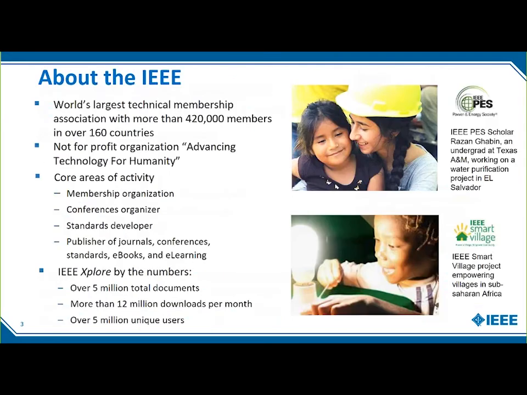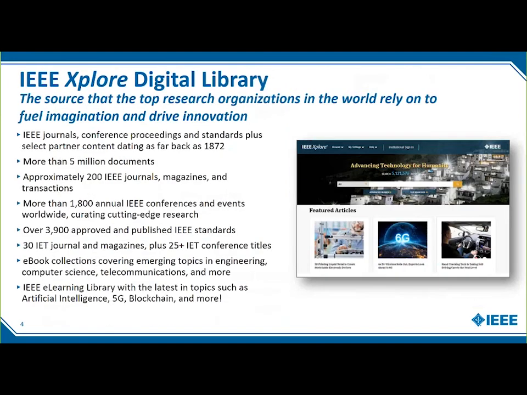So the IEEE is the world's largest technical membership association with more than 420,000 members around the world. But in addition to being a membership association, IEEE is also a publisher. IEEE currently publishes over 200 IEEE journals, magazines, and transactions. We are the world's largest technical conference organizer with over 1,800 annual conferences.